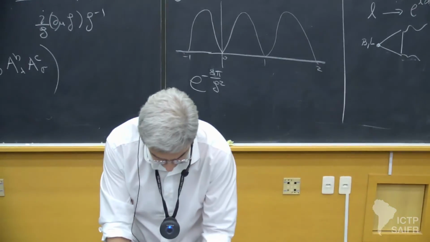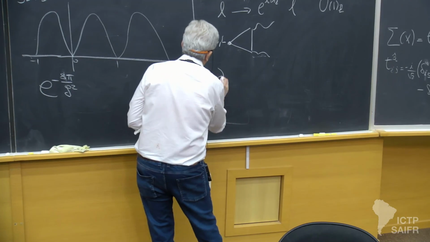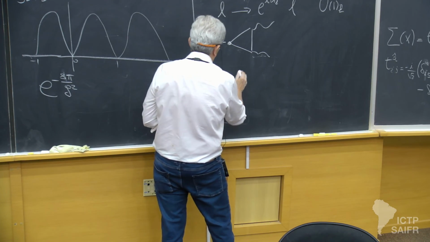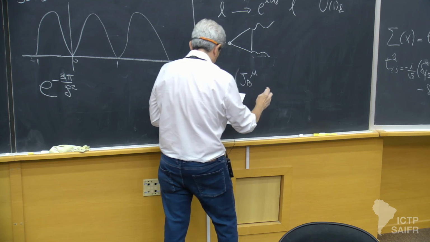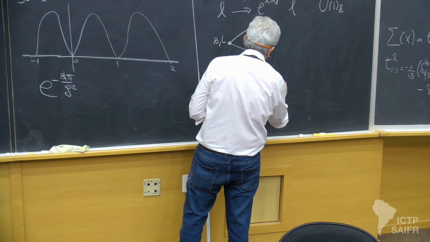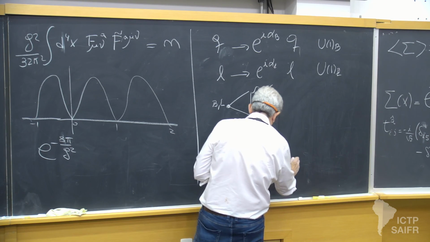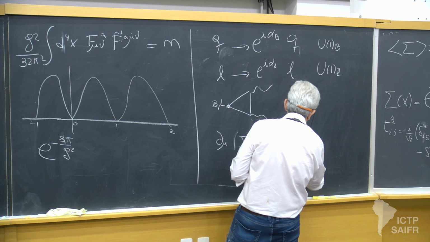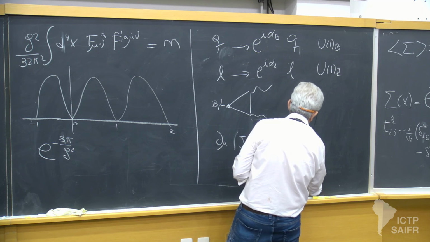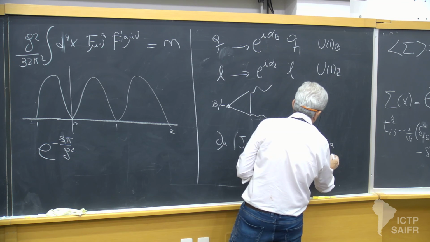Luckily, the anomalies are the same. So d mu j baryon mu is equal to the number of flavors divided by 32 pi squared, the coupling of SU(2) squared, and then here is the SU(2) F F dual.